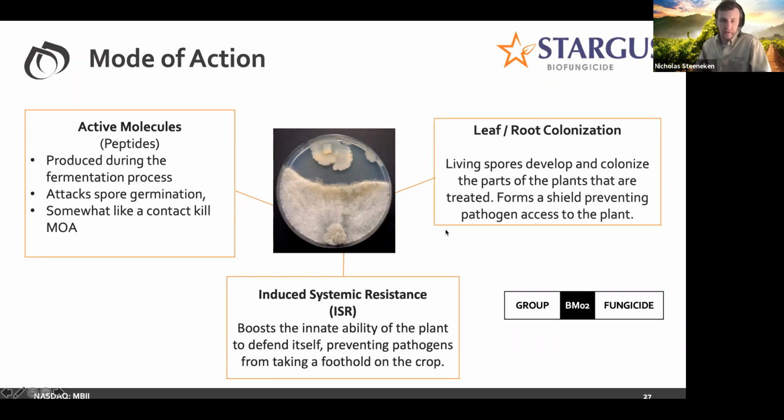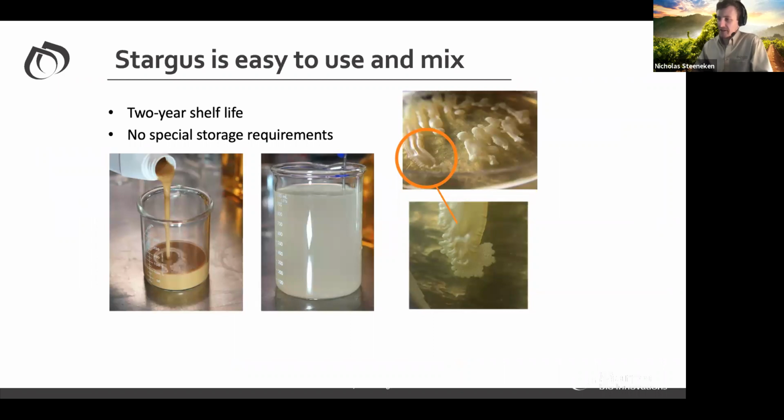It also triggers some induced systemic response inside the plant, which basically just boosts the plant's immune system, making it more able and better suited to defend itself from pathogens. Stargus has a FRAC code of BM02. And I'll go into some physical properties of Stargus here.